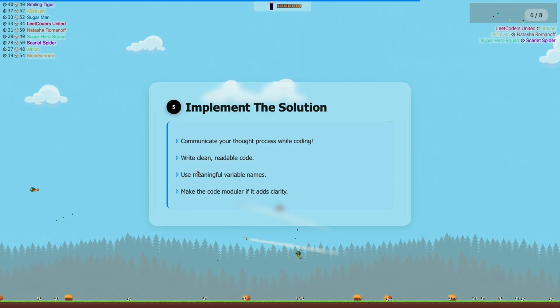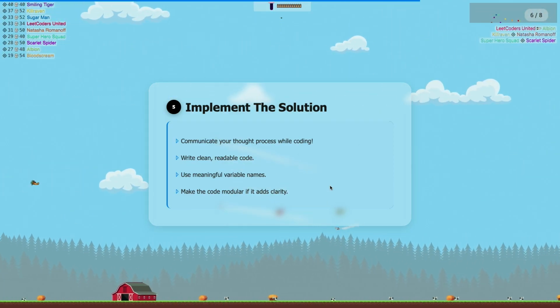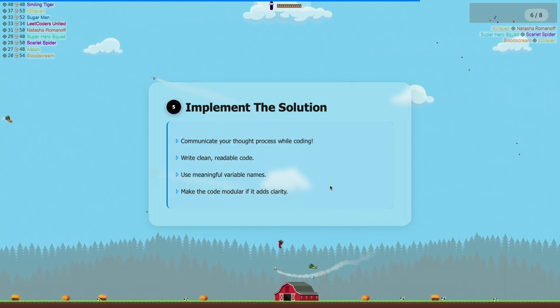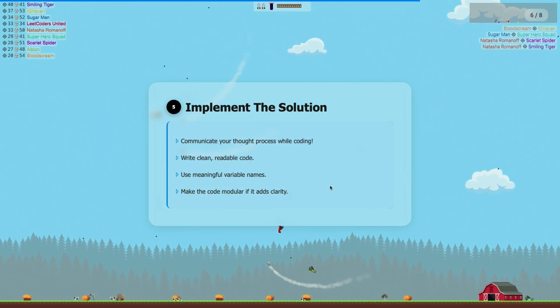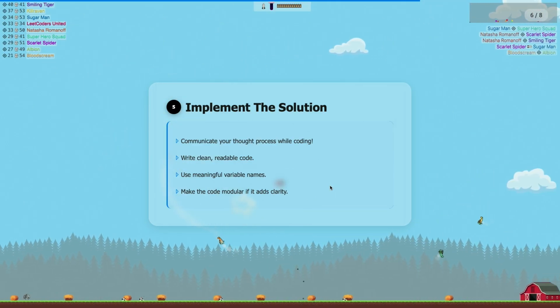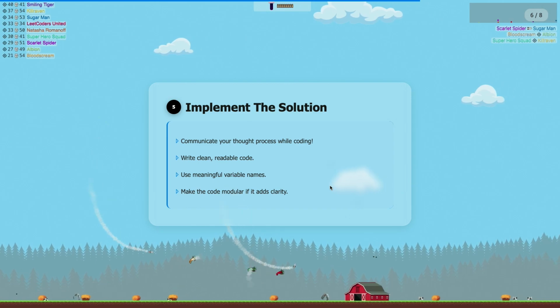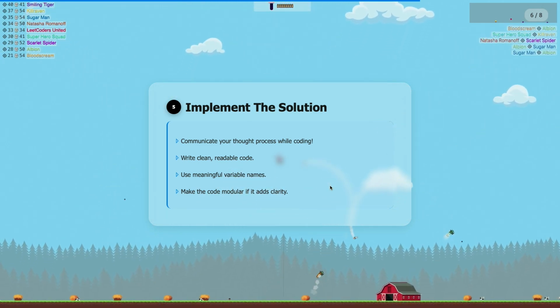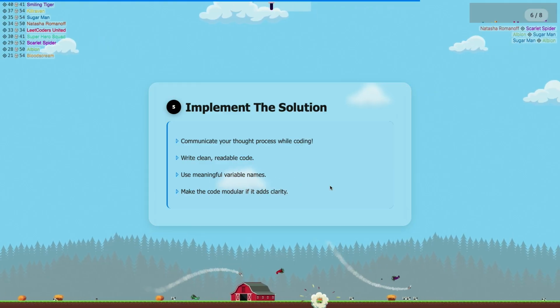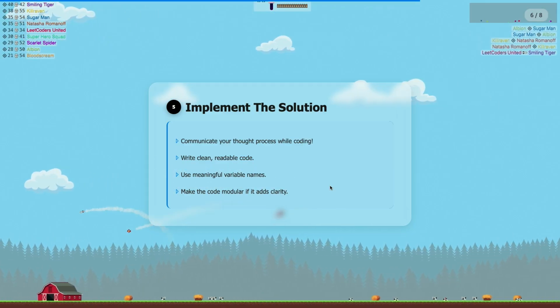And of course, you should pay attention that you write clean and readable code, that you use good variable names, all the standard stuff. And also make your code a little bit modular if that adds clarity to understanding your code. There was one LeetCode problem to find the minimum in a left rotated array. And you could break down this problem into two steps.